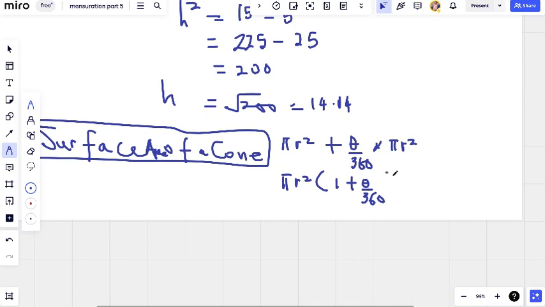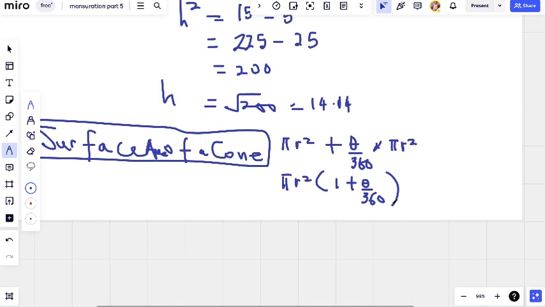So we can have this as our total surface area of a cone. But sometimes it depends on the way the question is structured, what is being asked, that we know exactly what we have to do.